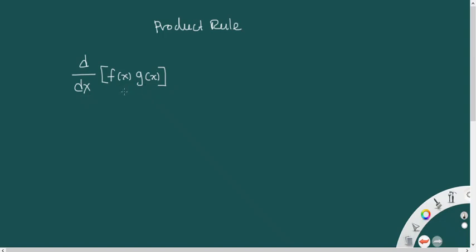the derivative of a product of functions is not equal to the product of its derivatives.